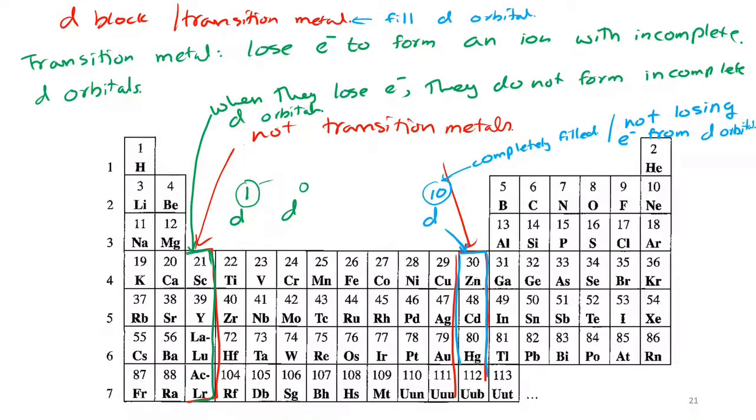Okay, so for the transition metals, you might find a certain other boundary that we have here. This lanthanum, these two elements are also part of the D block. So these blue highlighted parts can actually be considered the D block.